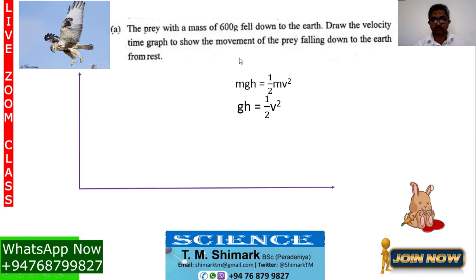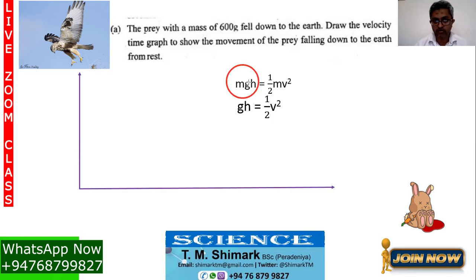Here one thing we have to remember, that the prey with the mass of 600 grams fell down to earth. So you know that the potential energy is converted into kinetic energy here. Potential energy is calculated with mgh, right?